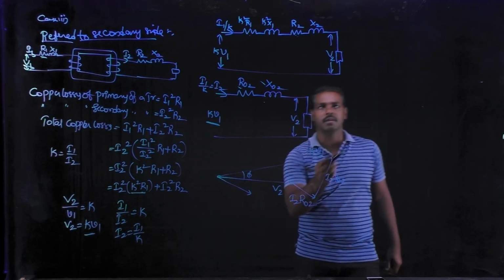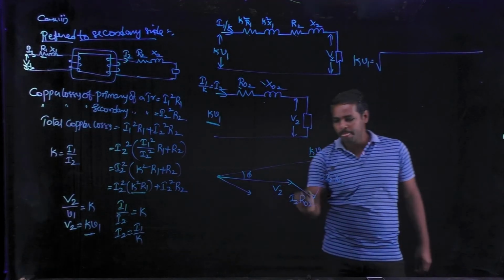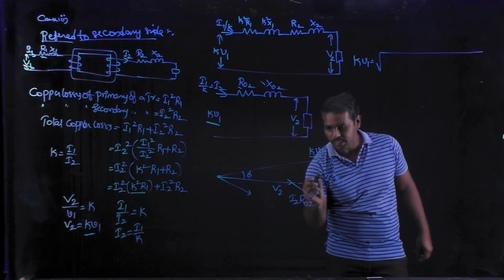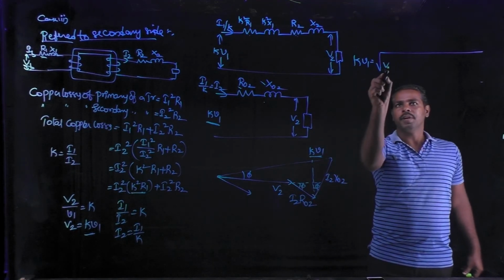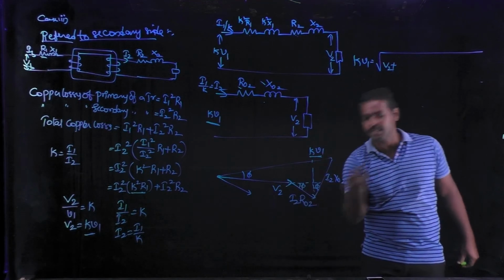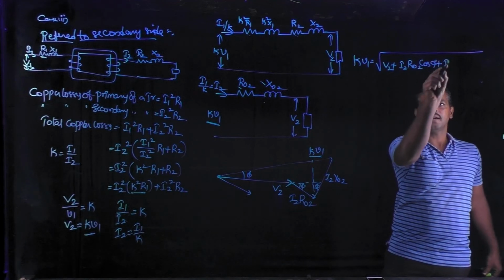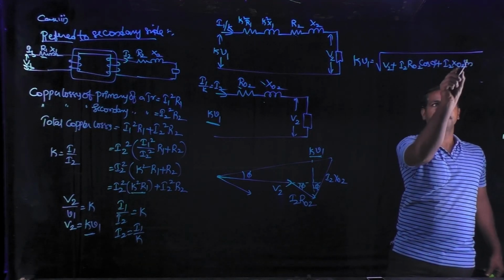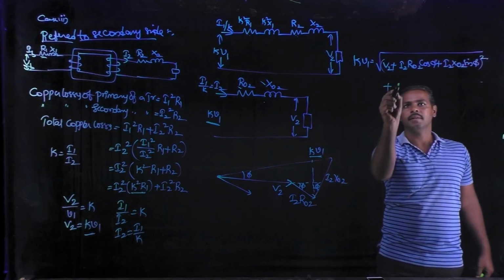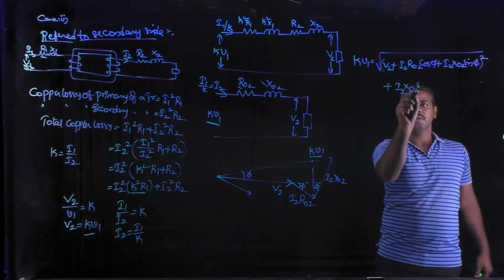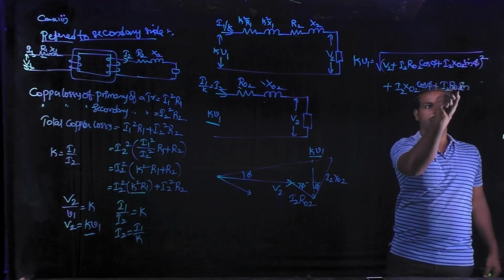So based on this circuit, we can find out the distance of this path. KV1 is equal to the square root of the distance calculated in this path, which is V2 plus I2 R02 cos phi plus I2 X02 sin phi, whole square, plus the second part, I2 X02 cos phi plus I2 R02 sin phi, whole square.